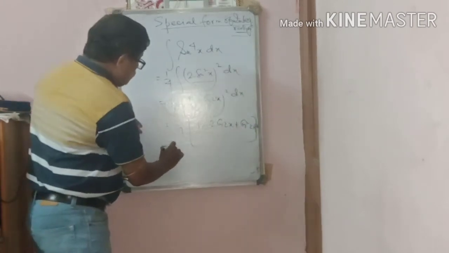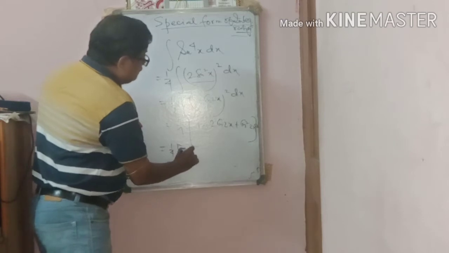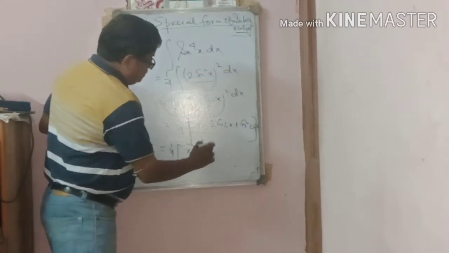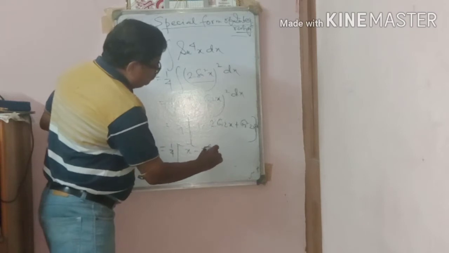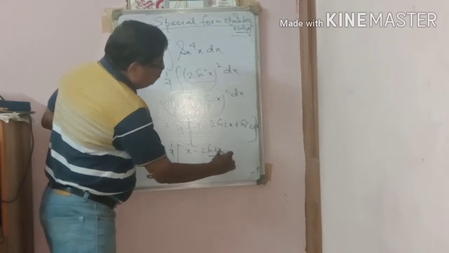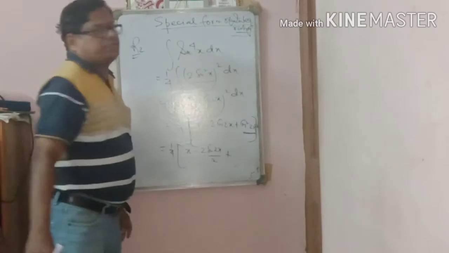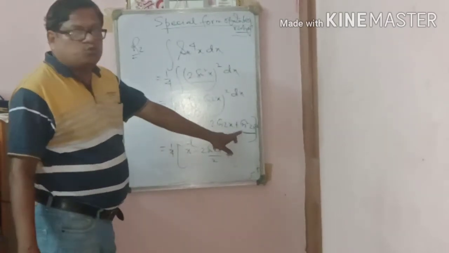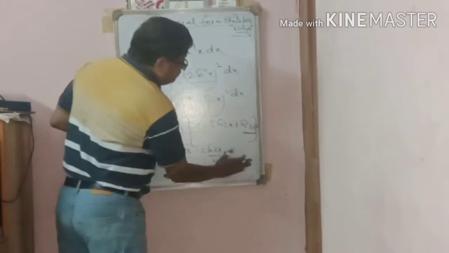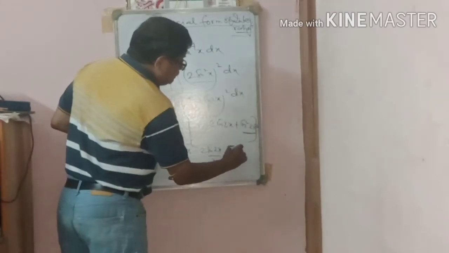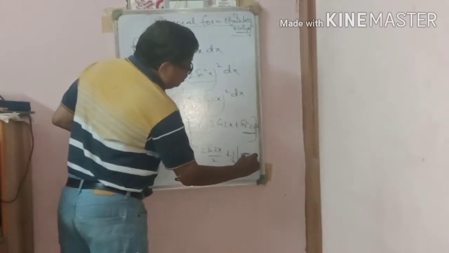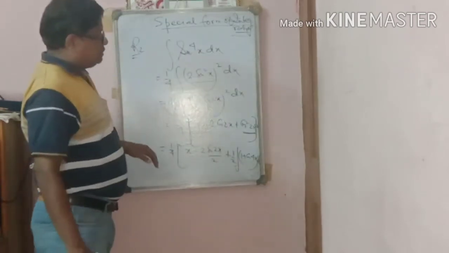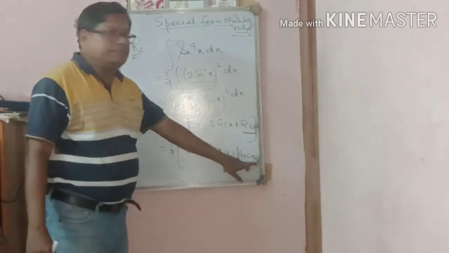So 1/4, this will be the integration again: 1 means x, minus 2 sin 2x by 2, plus here cos square 2x. So again a multiple angle formula is applied: cos square 2x is half of 2 cos square 2x, and you can write it as half integration of 1 plus cos 4x dx.